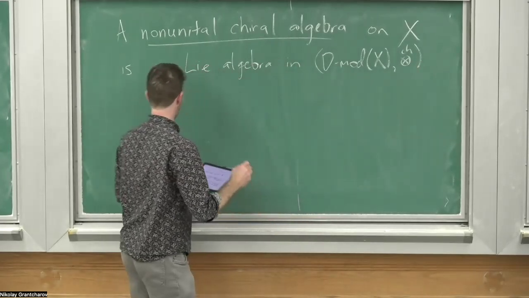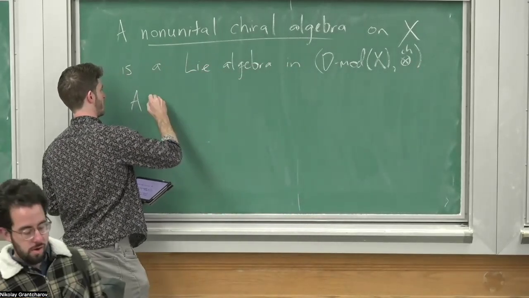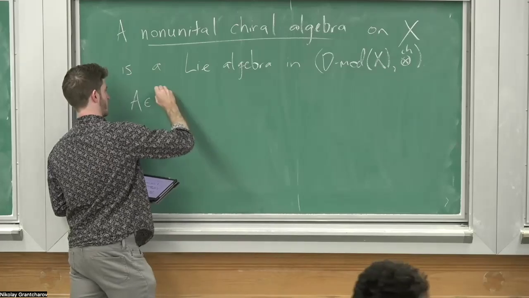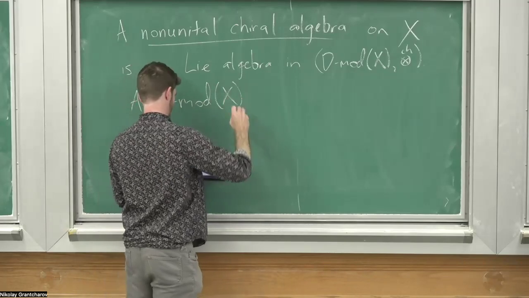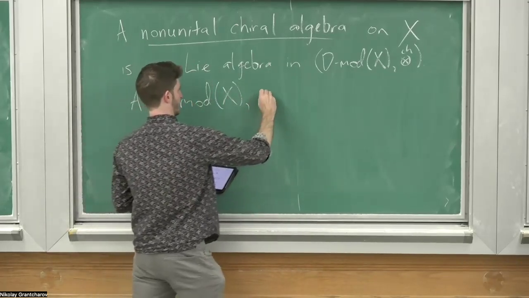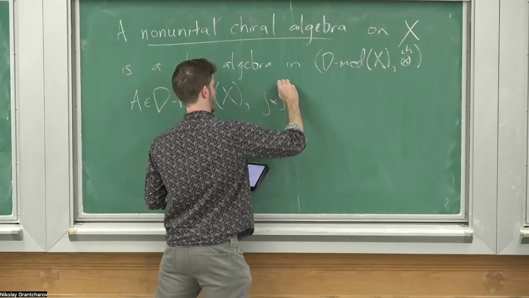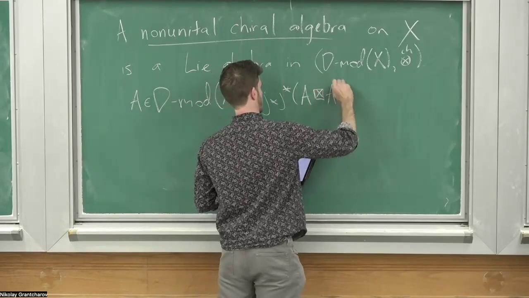And so, a little bit more explicitly, I have a D module A. And the bracket is a binary operation of this kind of shape.